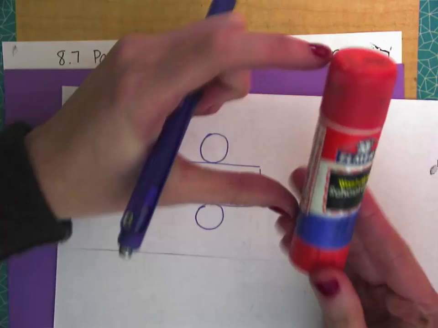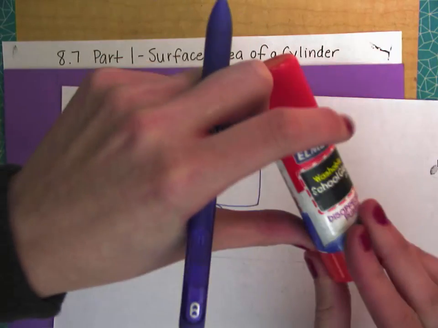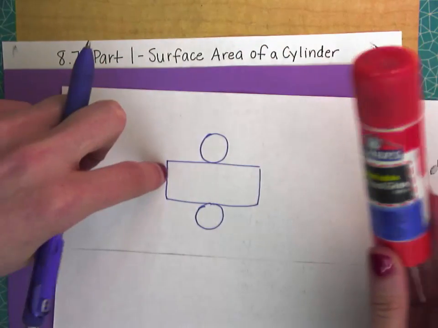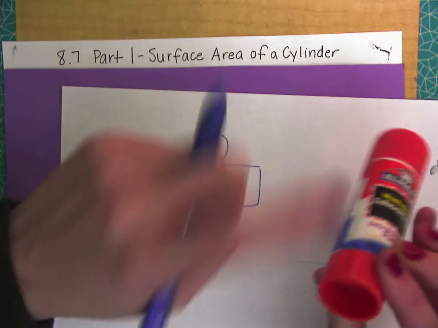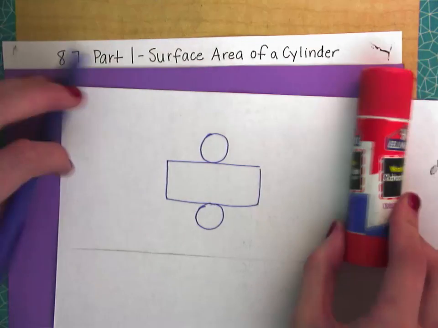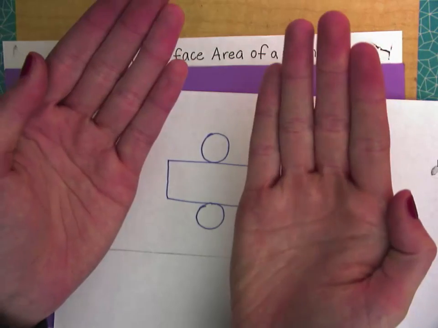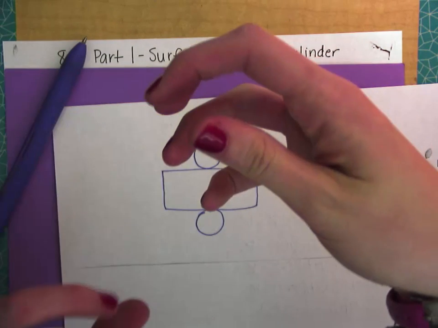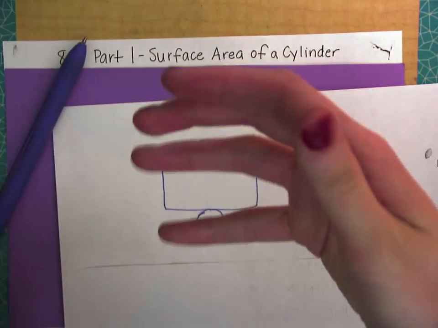This middle part would be rectangular, and then the circular bases would be like this. It's almost like we rolled it open and lifted the two bases up.